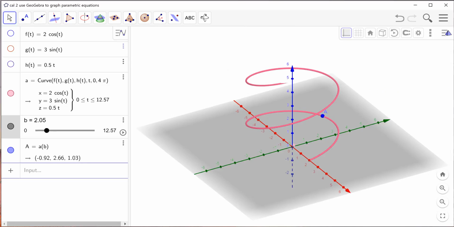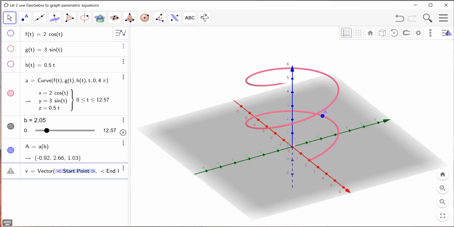Next, we want to draw a tangent vector at the point A. So how do we do that? In the input, we want v equals vector. For the vector, we want the start point and the end point.